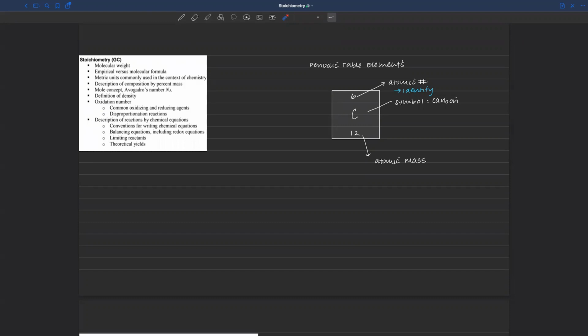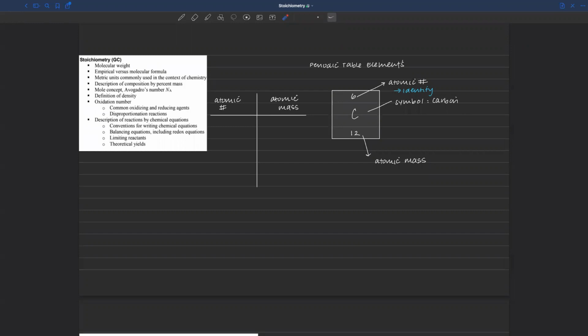So the reason why I'm mentioning the periodic table elements is because this information is super useful in the concept and topic of stoichiometry. I want to fixate just a little bit on the atomic number and on the atomic mass and how we can particularly use these to actually do a lot of subsequent calculations in stoichiometry.